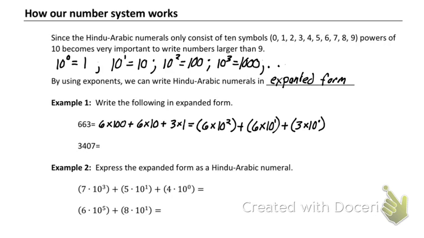All right, if I have to do 3,407 in this exact same form, I have 3 thousands, so that's 3 times 10 to the third, plus 4 times 10 squared, because 10 squared is 100, so I have 4 hundreds, plus, now you can either write 0 times 10 to the first to keep track of your values, or you don't have to write this at all.